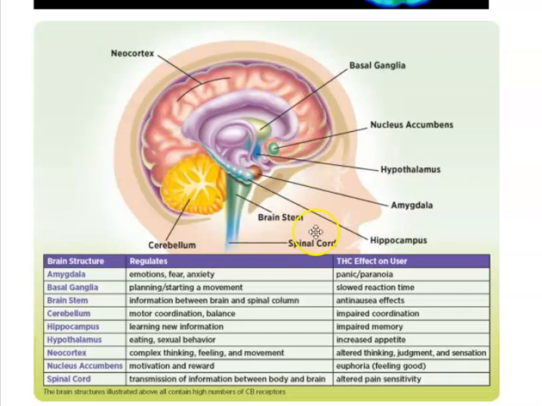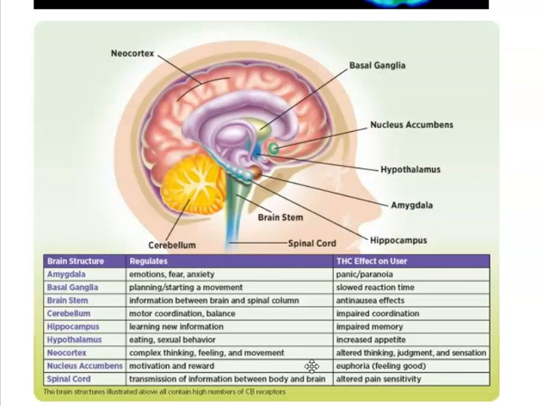And then the cortex, spanning multiple different regions, if you are going to inhibit activity there, you're going to have altered thinking, judgment, and sensation. And then there is also activity in the nucleus accumbens, which is normally involved in motivation and reward, which is what leads to euphoria or feeling good.